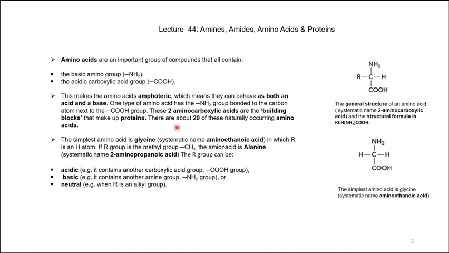There are about 20 naturally occurring amino acids. The simplest one, in place of R, has an H, hydrogen, and that's what we call glycine. The systematic name is aminoethanoic acid.